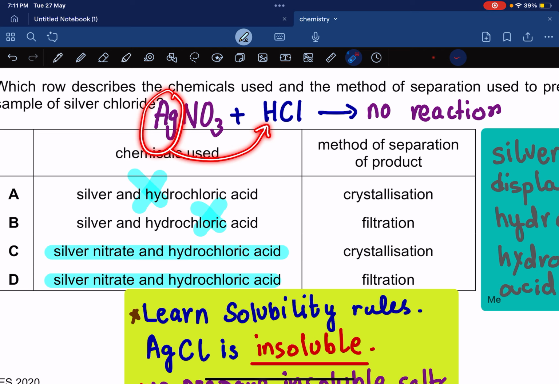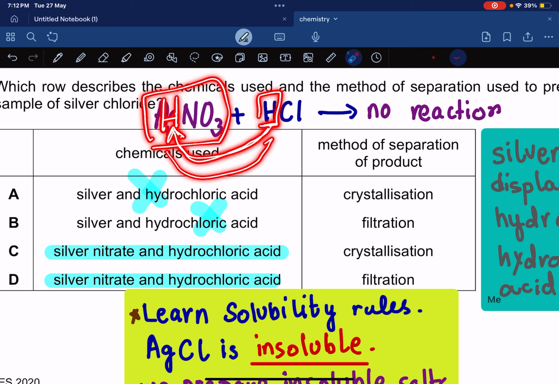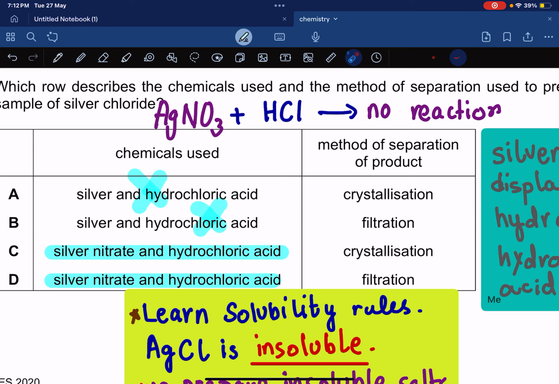That's correct. But this H right here can displace the silver and form HNO3, which is nitric acid. So what this H is going to do, it's going to displace silver. So this silver comes over here to form AgCl, and this reaction is going to take place. So we erase no reaction, and we're going to form our AgCl, which is going to be a solid.